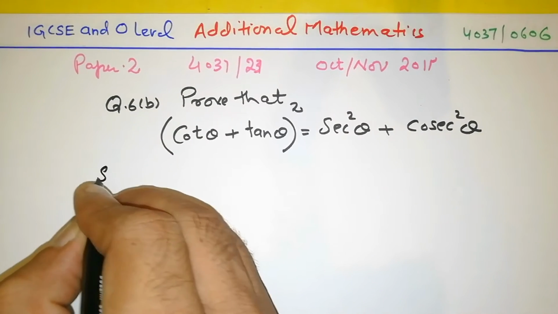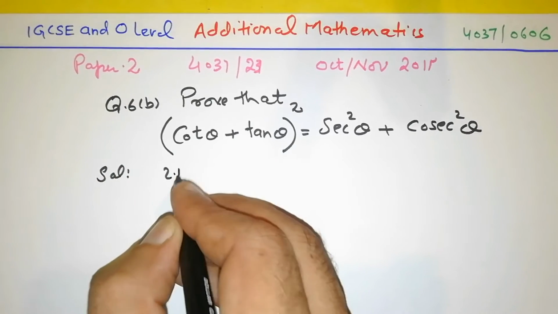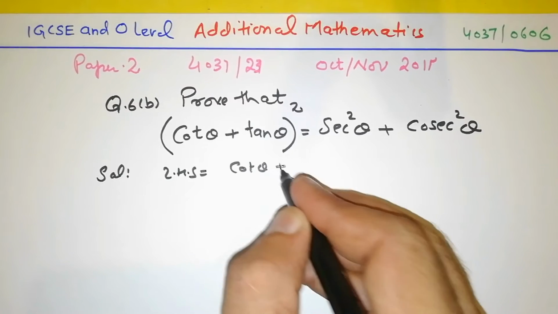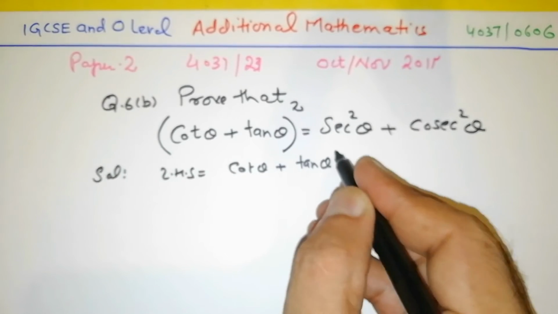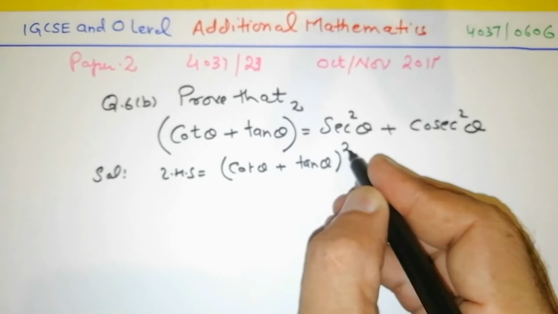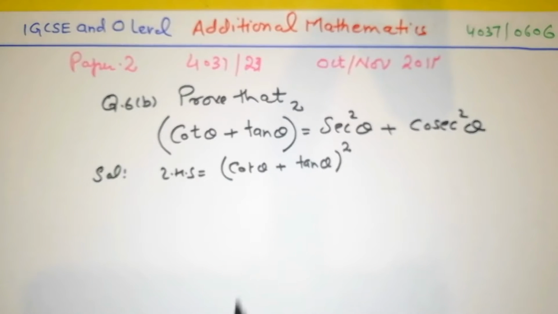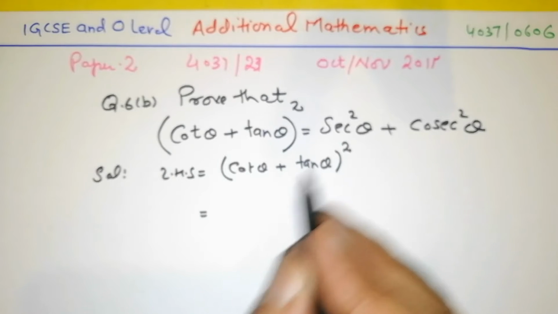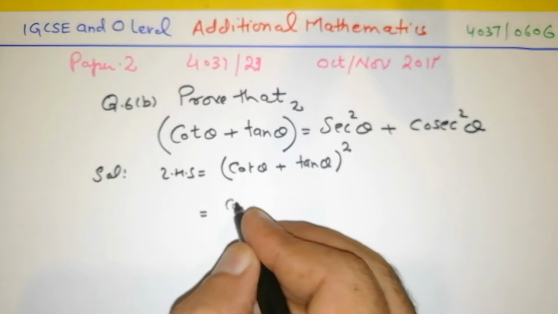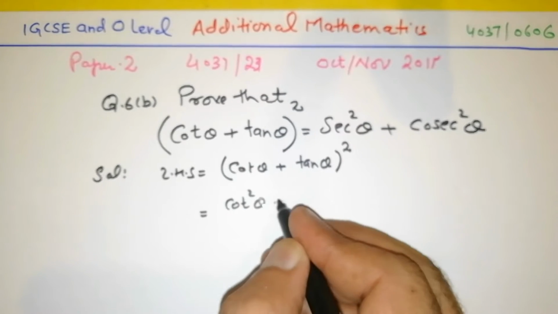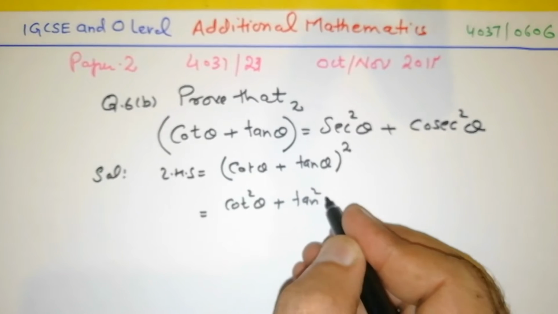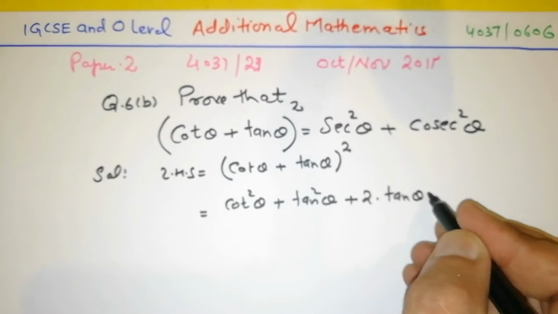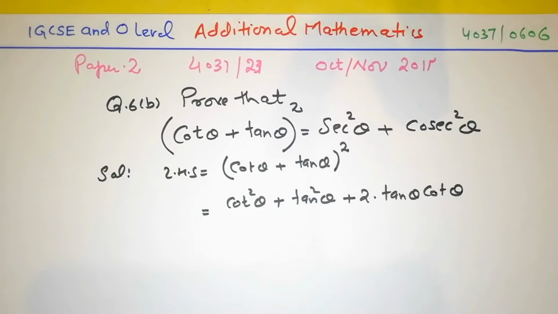So solution: consider its left hand side, that is cotangent theta plus tangent theta, squared. Students, when we open this square we have cotangent square theta plus tangent square theta plus 2 times their product, tangent theta and cotangent theta.